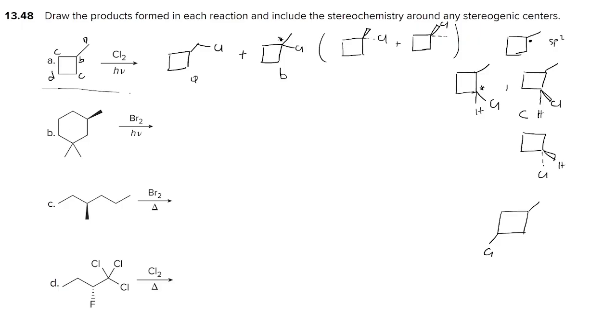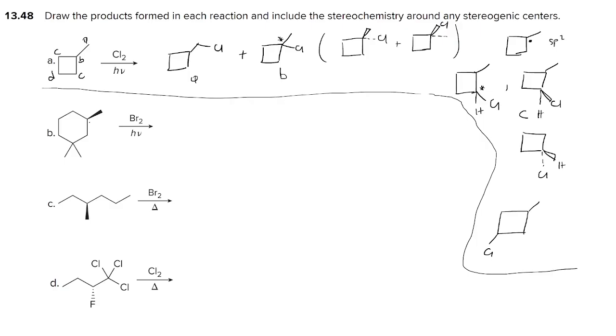Let's separate the answer from the other option. In the second option, we have bromination, and as opposed to chlorination, bromination is a very selective halogenation.